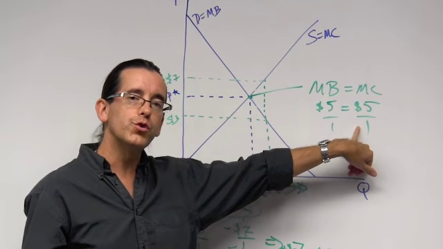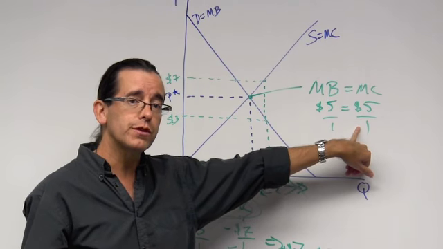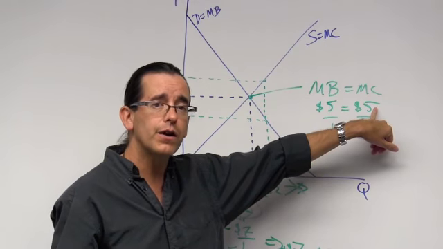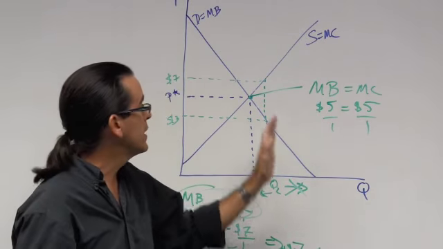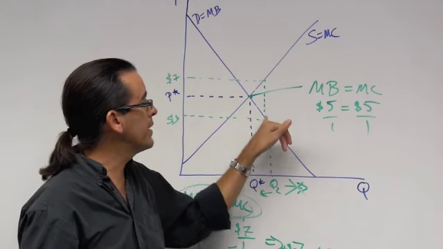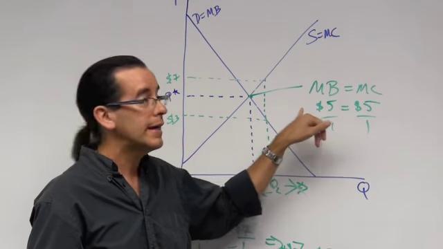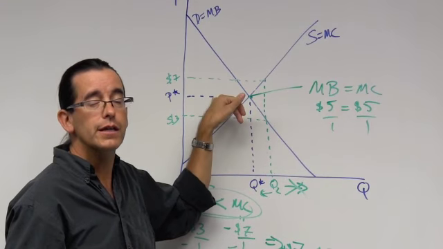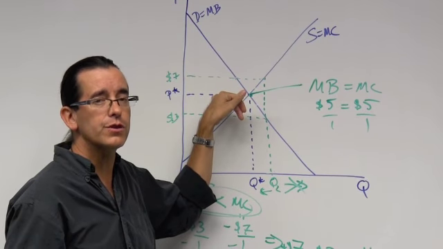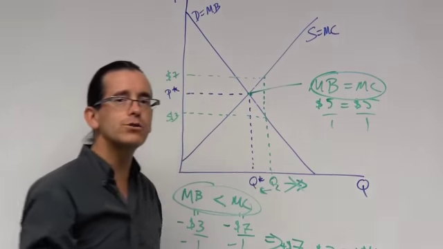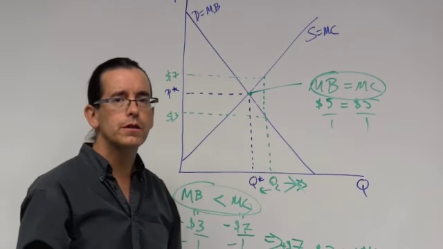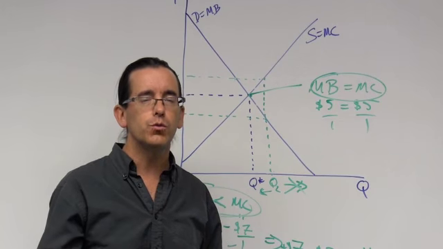But in order to produce that additional unit of good, we're going to have to expend $5 worth of resources, so it's a wash. We're kind of indifferent. If we're at this point, there's no benefit to increasing production, and also there's no net benefit to decreasing production. So that's kind of backing into why the equilibrium, under certain conditions, is where we want to be.